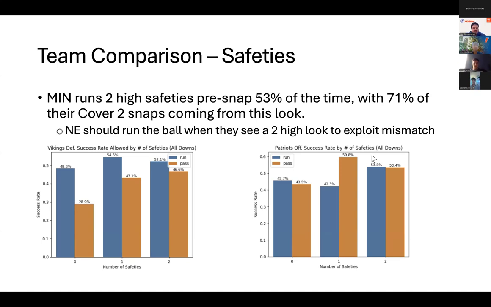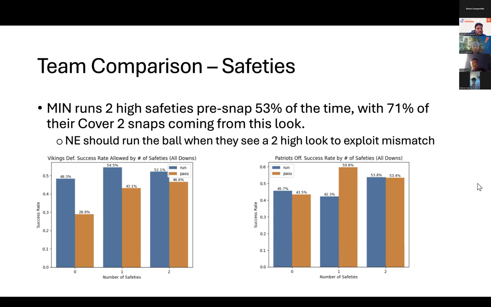Essentially, what this is saying is that as the number of safeties increases, the success rate of passes increases. It's kind of the same thing showing with the Patriots offensive success rate too.